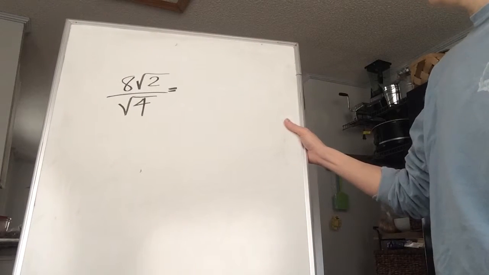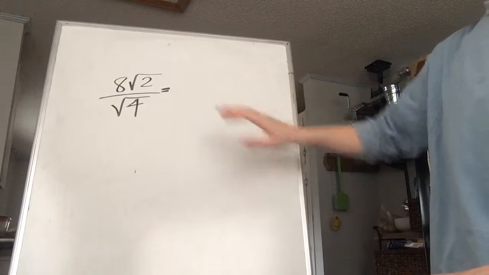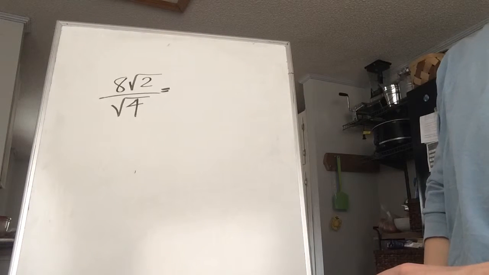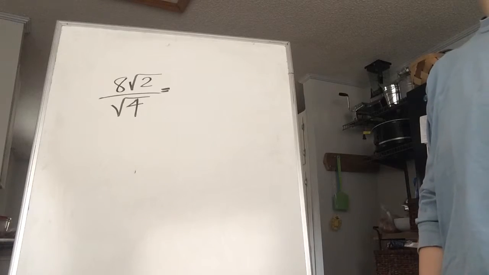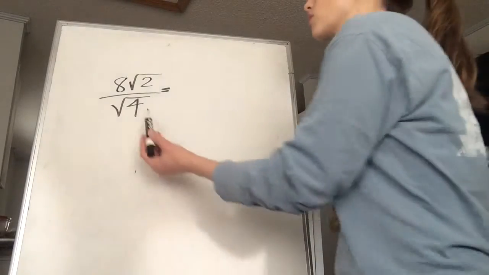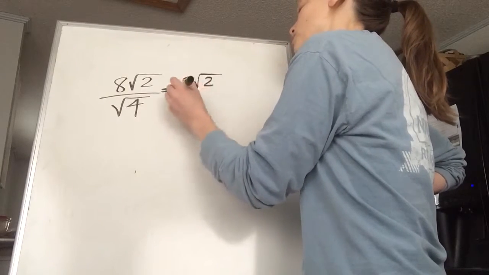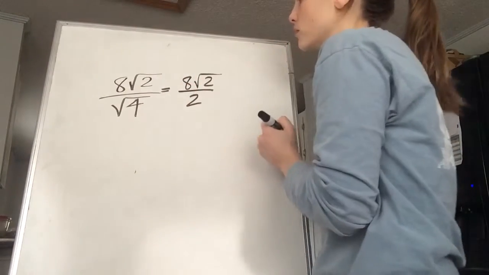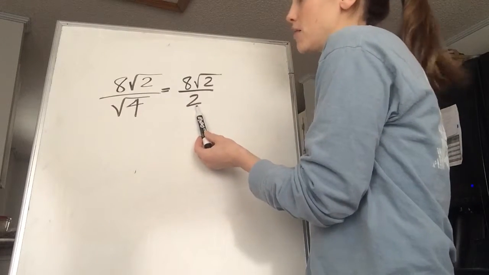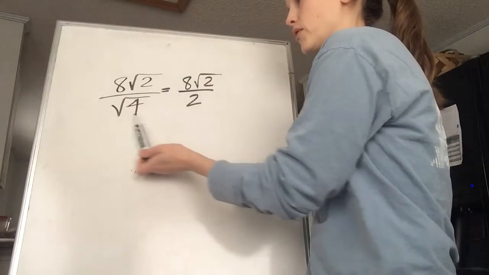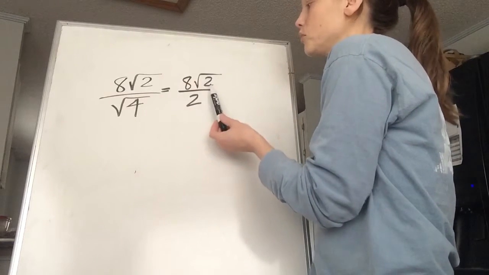So we can multiply each part of the fraction by the square root of 4, but we really don't have to because we can reduce the square root of 4 automatically. So the square root of 4 is 2. So that would be 8 times the square root of 2 over 2. So we don't have any radicals in our denominator, which is the goal to get it out, whether we can simplify it here or we have to multiply it out.